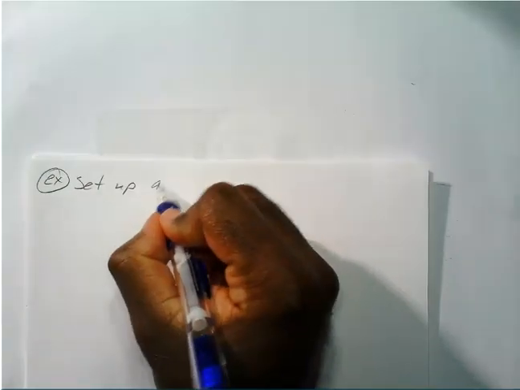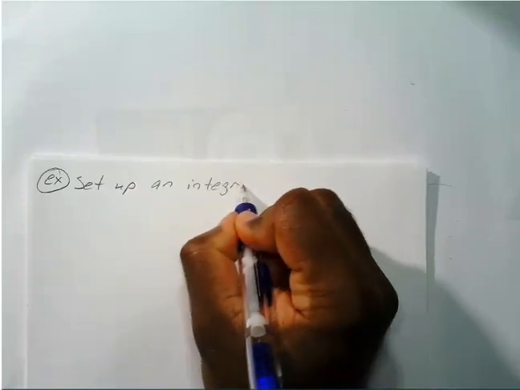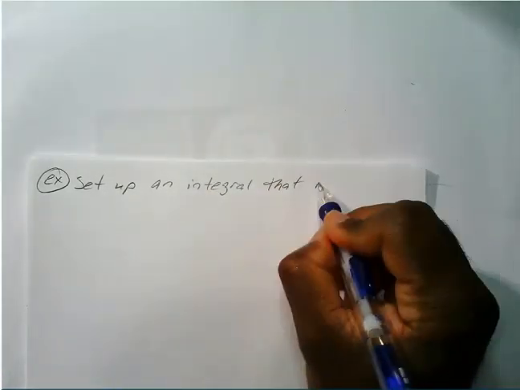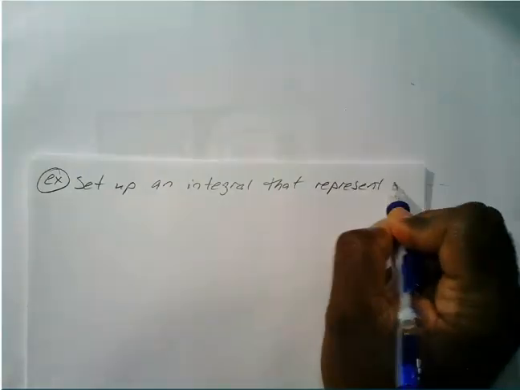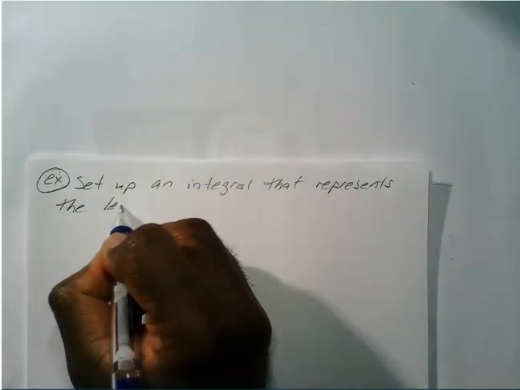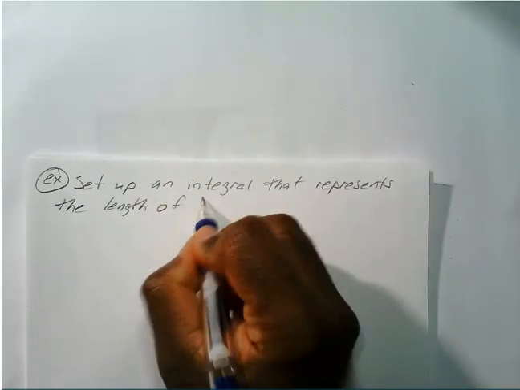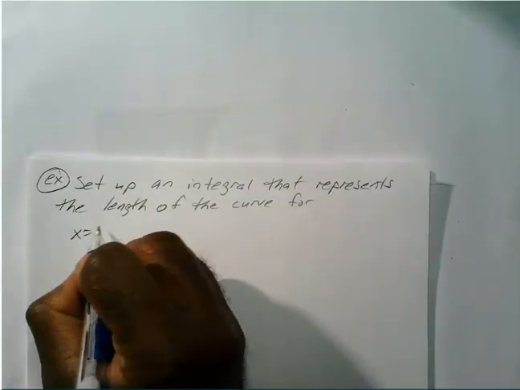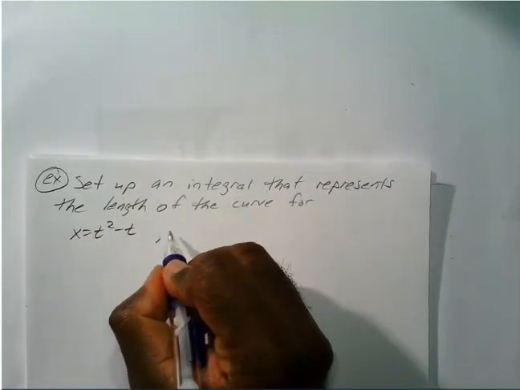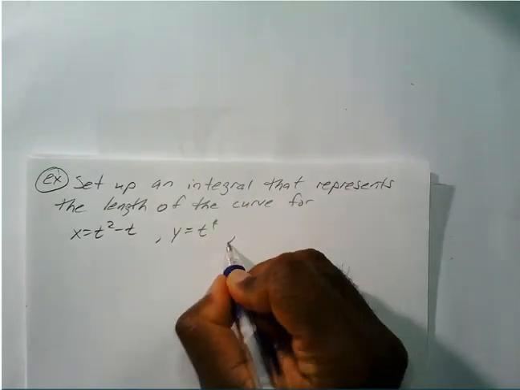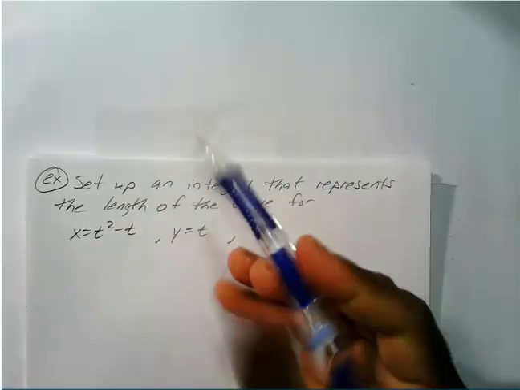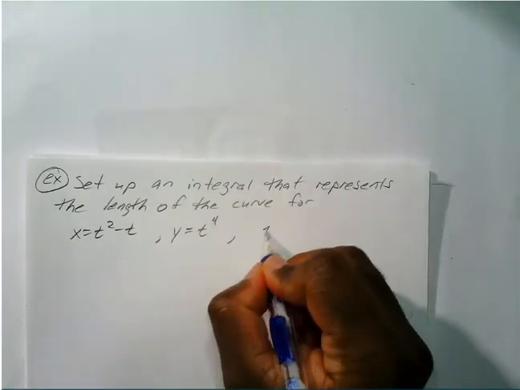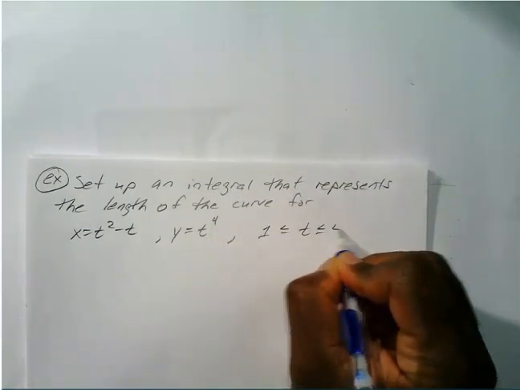Alright, so for example, say we want to set up an integral that represents the length of the curve for x equals t squared minus t, y equals t to the fourth, from t equals 1 to t equals 4.